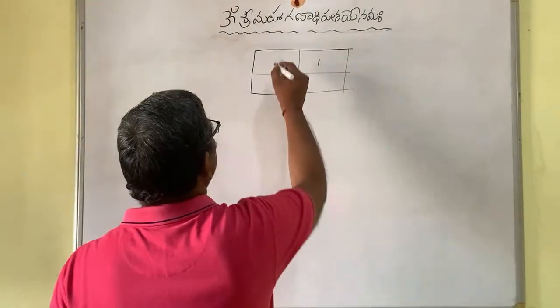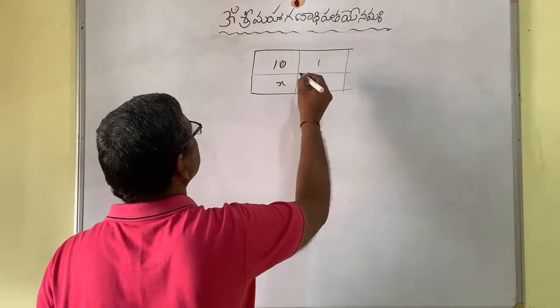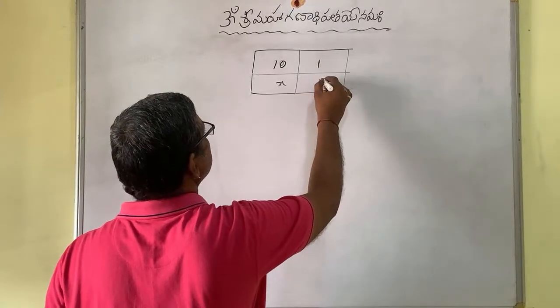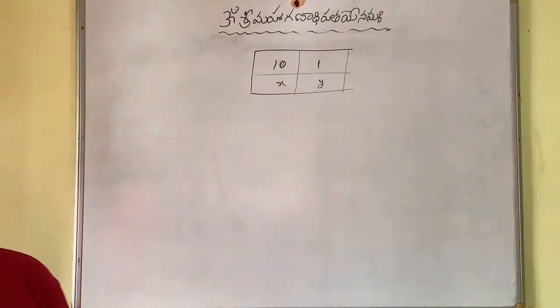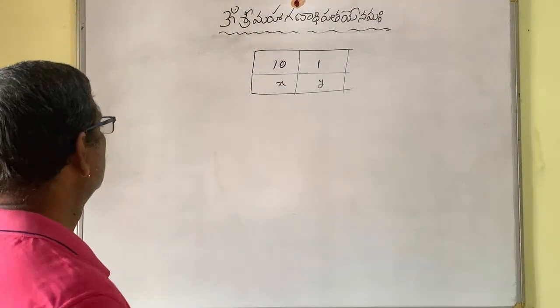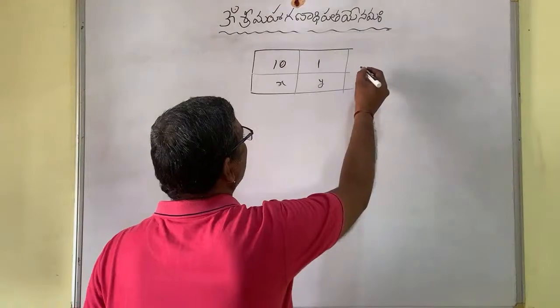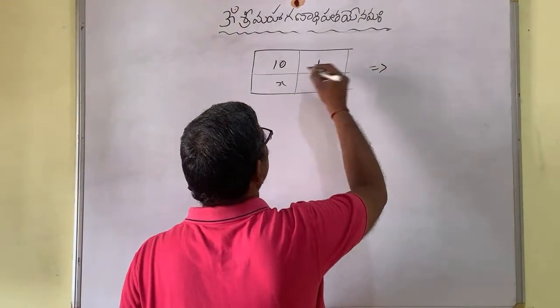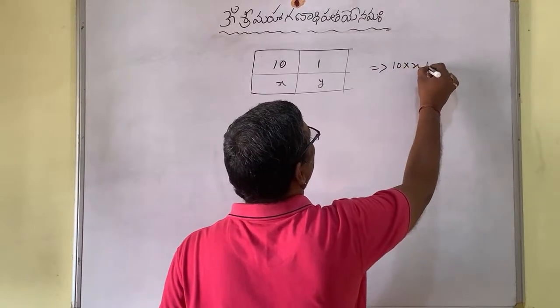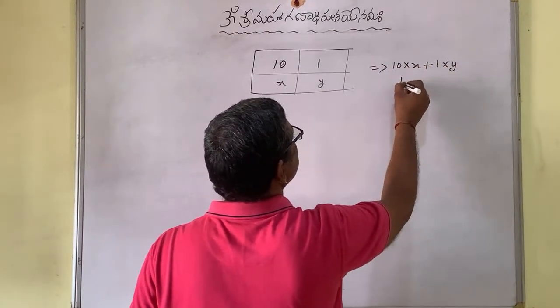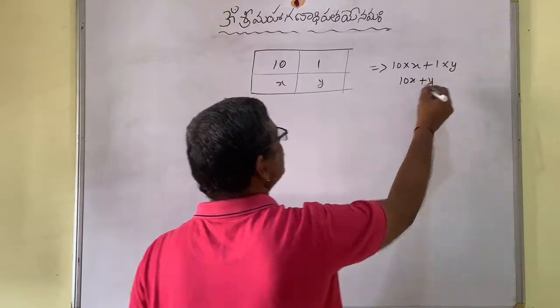So let the digit in the tens place be x and the digit in the ones place be y. Now, according to the concept, the 2-digit number will be 10 into x plus 1 into y, which is 10x plus y. This is the 2-digit number.